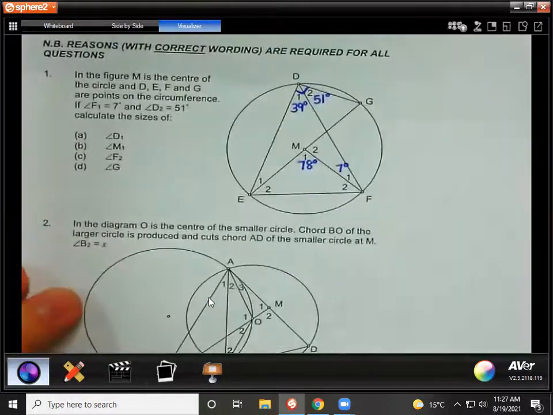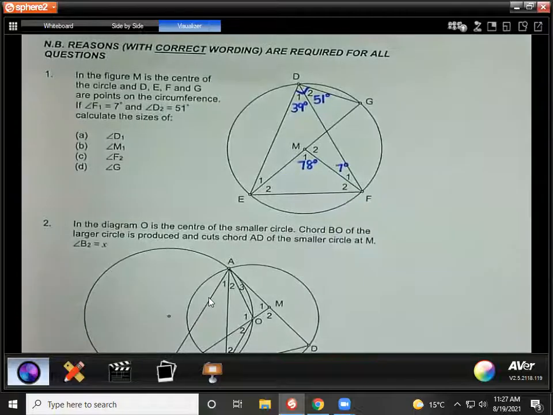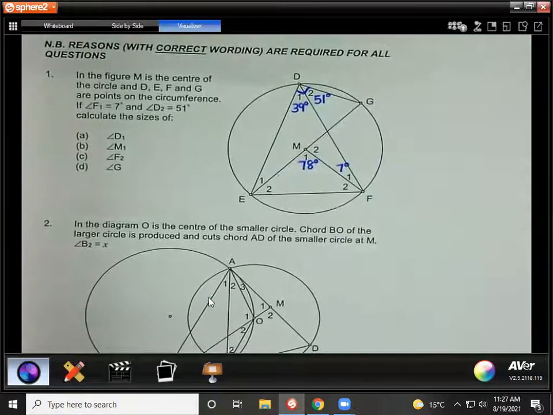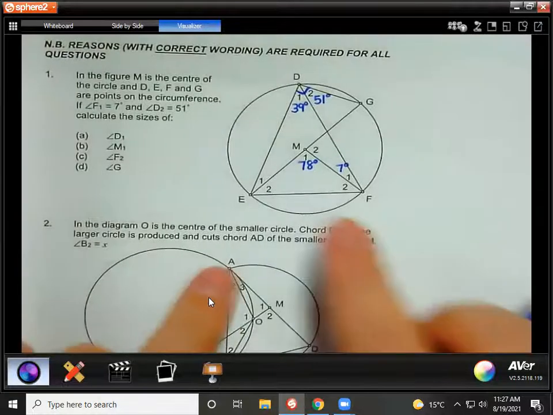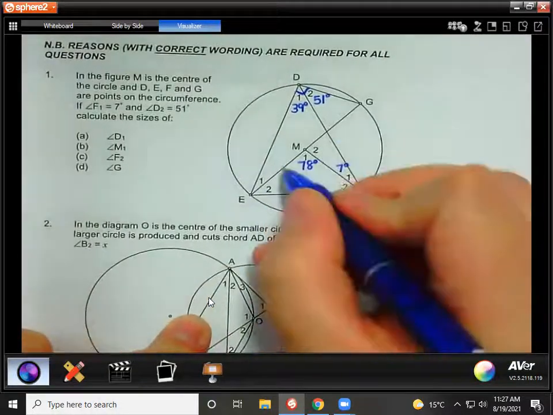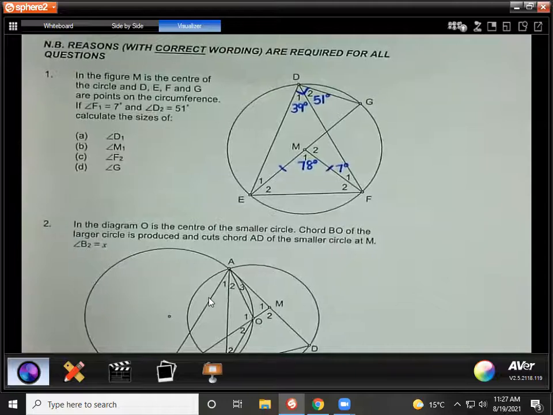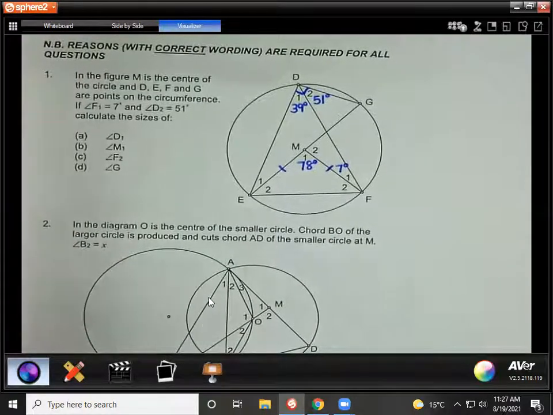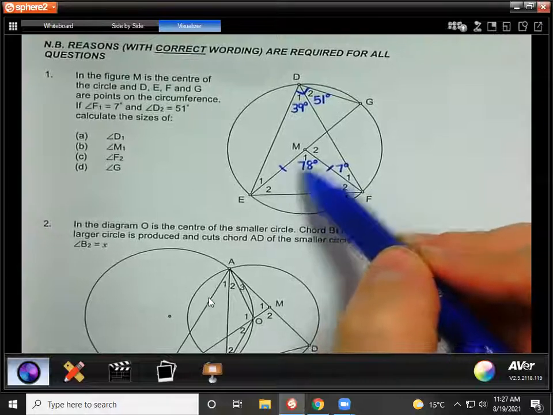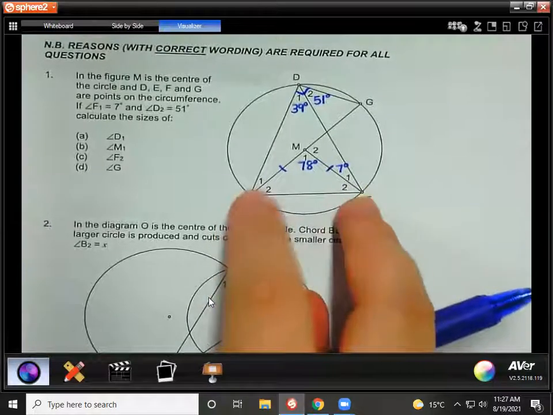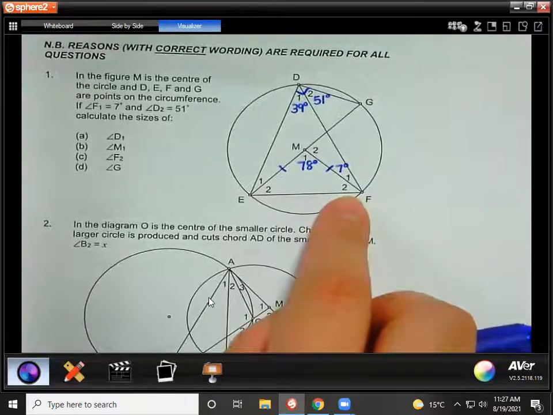Okay, next one. So now I've put my 78 in there. Now we need to find F2. Now guys, we're going to use that isosceles triangle thing. Okay, do we notice that? If we're looking at this triangle here, EM is equal to FM because they're both radii. So that's going to go in our reason. We have 78. So we're going to say 180 minus 78. That will give us those two angles together. But then to find F2, we're going to have to halve that value.